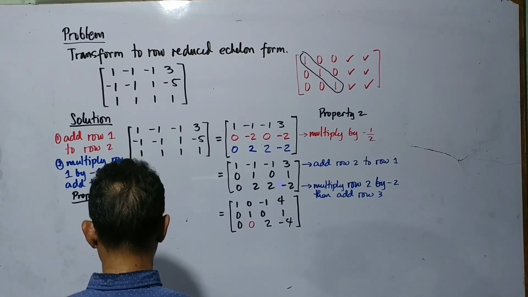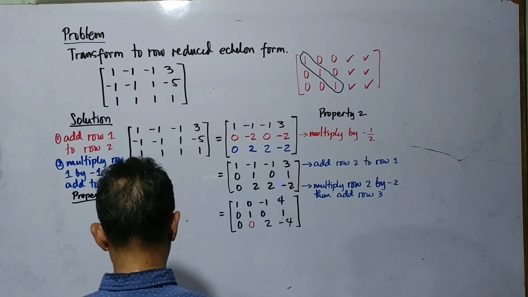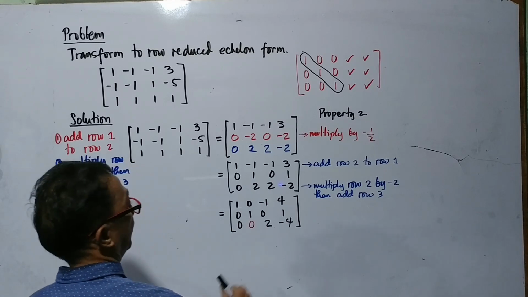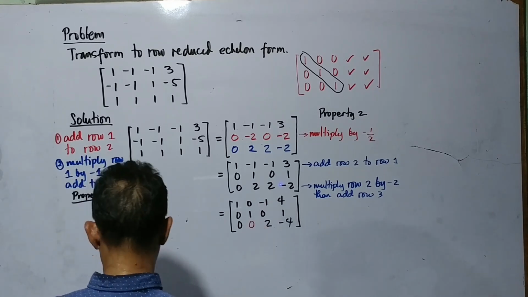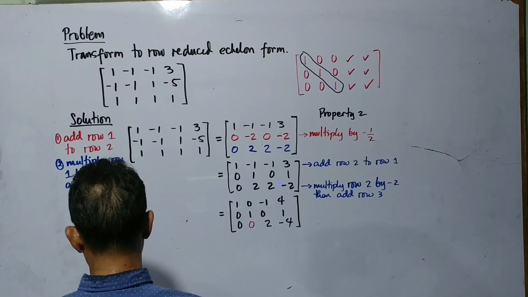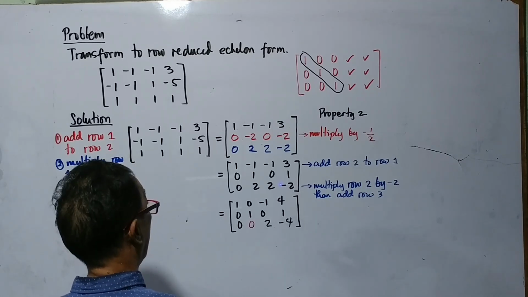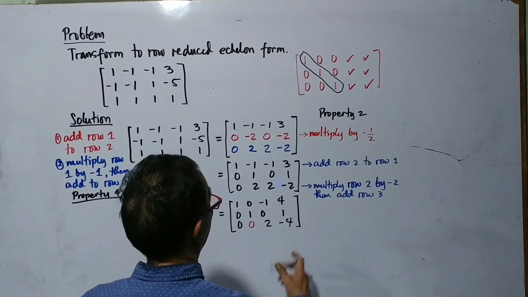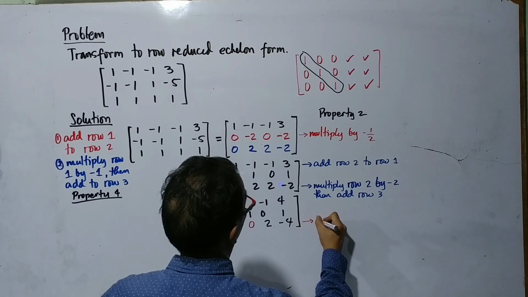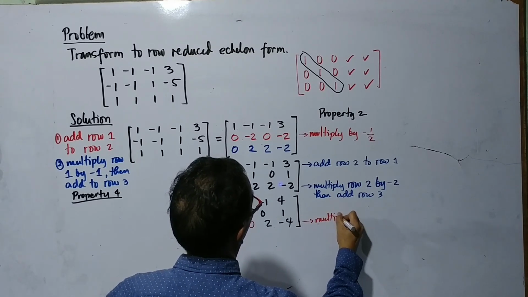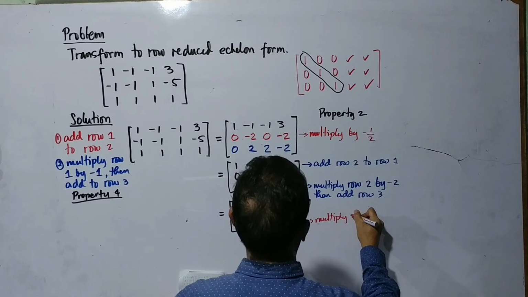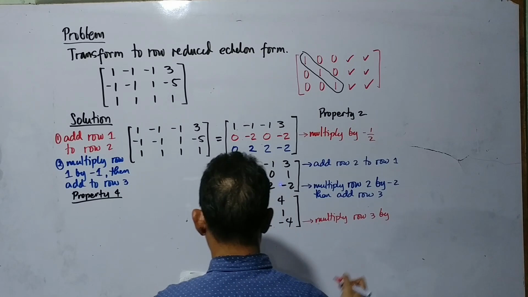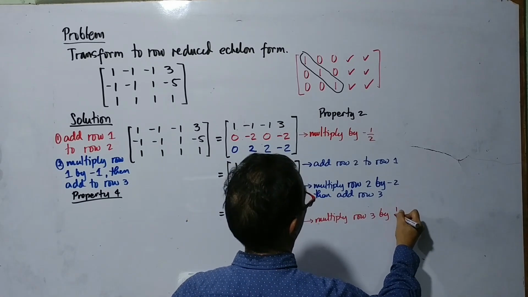Next, to make this 0 and this 1, multiply row 3 by 1/2.